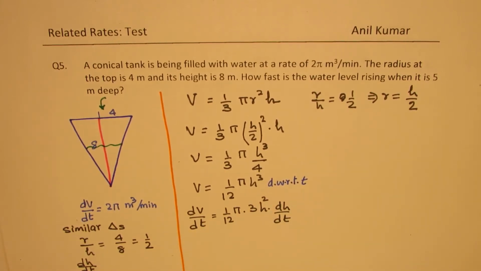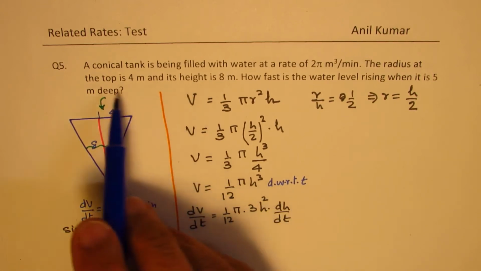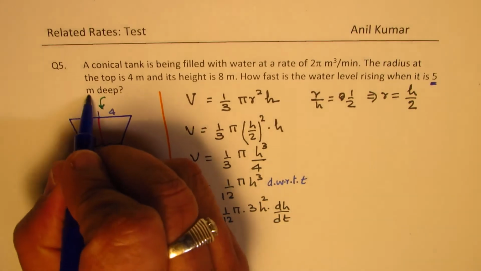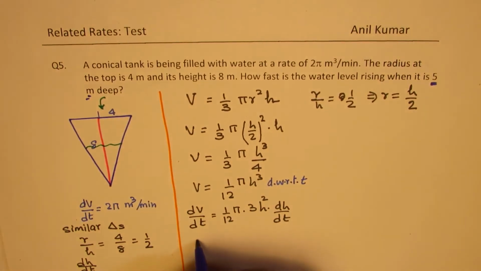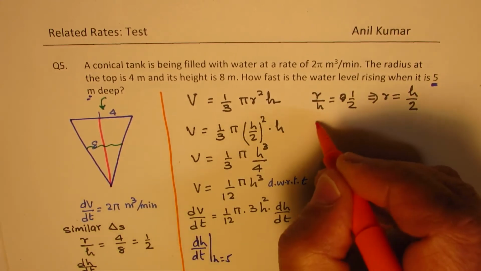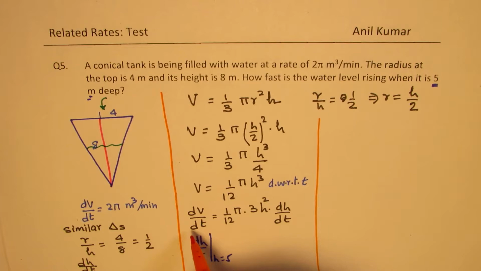We need to find the rate of change of height when the height is given as 5 meters. So we need to find what is dh/dt when h equals 5. We know dV/dt is 2 pi, so we'll substitute these values and isolate dh/dt.